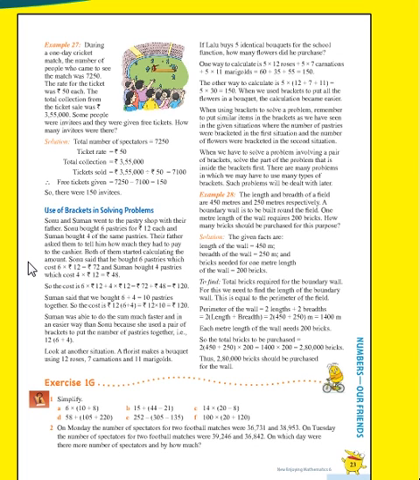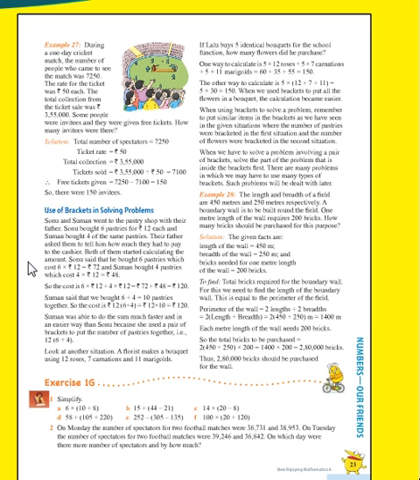Sonu said that he bought 6 pastries, which cost 6 into 12 rupees. The amount of each pastry is 12 rupees, then we have to multiply with 6 because Sonu bought 6 pastries. 6 into 12 rupees equals 72 rupees.